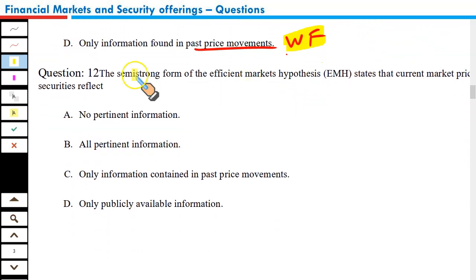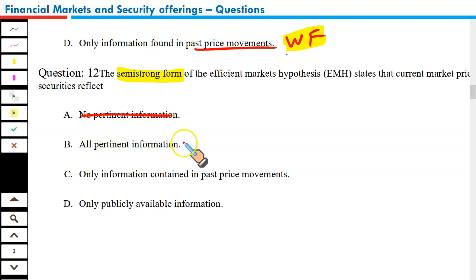Question number 12. The semi-strong form, we just discussed, semi-strong form is that form of the efficient market hypothesis where only the publicly available information is reflected. So the semi-strong form of efficient market hypothesis states that the current market price reflects what? No pertinent information, irrelevant.